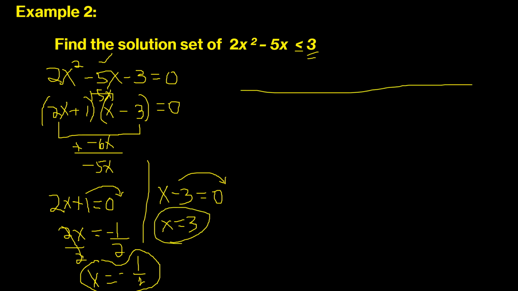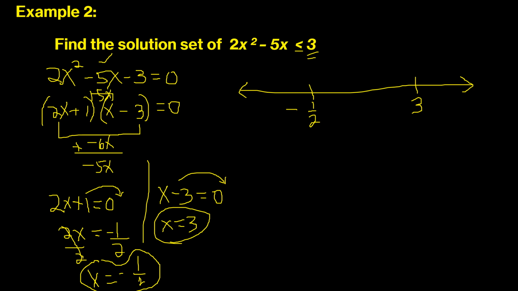So on our number line, we have to label negative 1 half and positive 3. Now, we use the numbers at the left side of the negative 1 half to test which will satisfy our inequality.